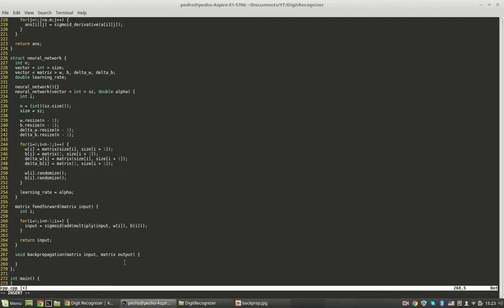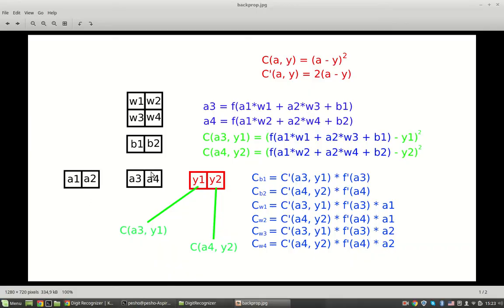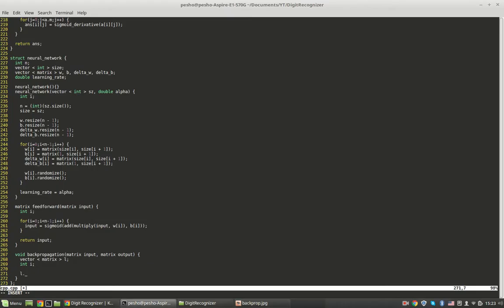So let's go on. First of all, I want to have a vector which will actually save those values of the layers as we go. So the first layer, L0, is of course the input. Now we go just like in the feed forward function.